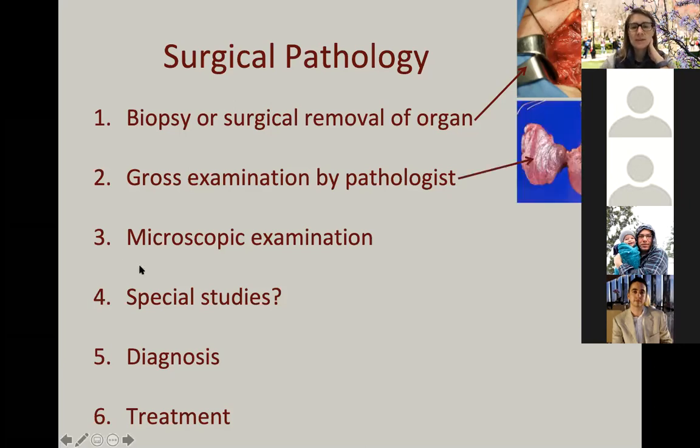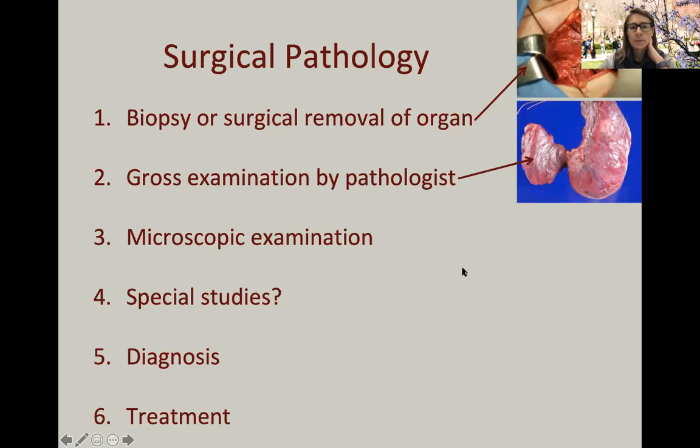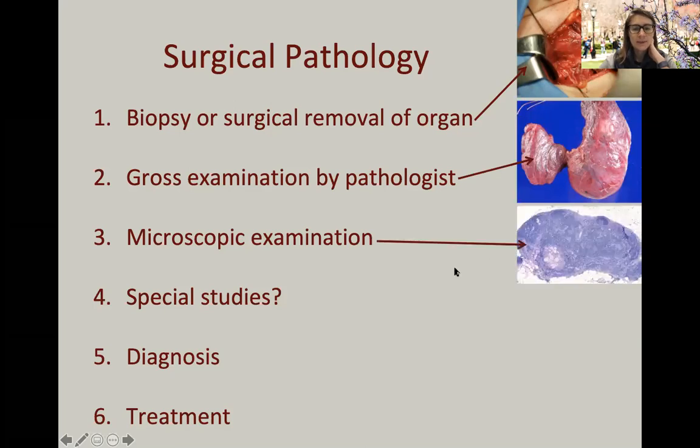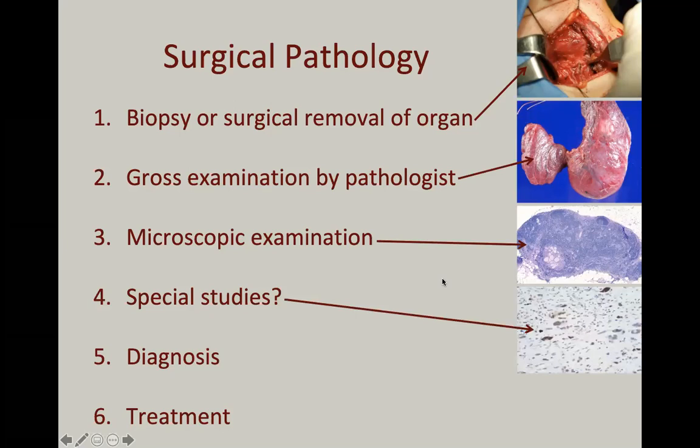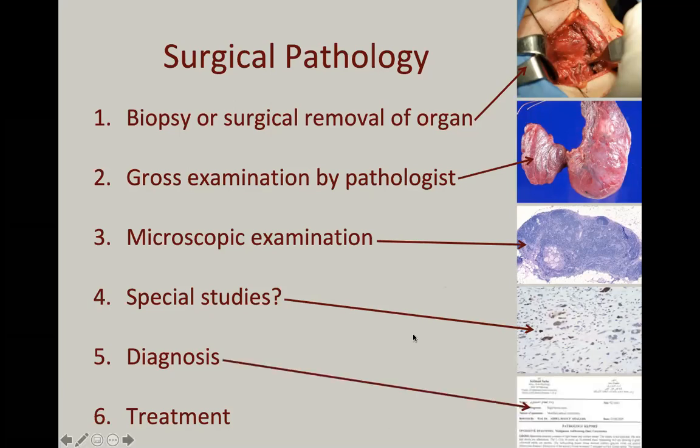We perform a gross examination. We perform, of course, a microscopic examination, and we may perform any additional special studies on tissue, such as immunohistochemistry, molecular diagnostics, et cetera. We render a diagnosis to the medical record. And hopefully this diagnosis will impact treatment for the patient.